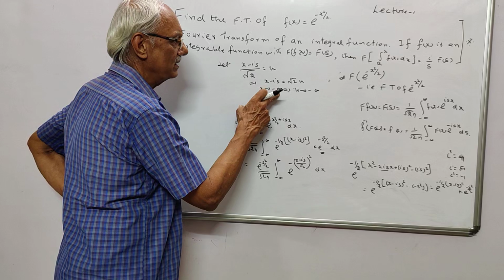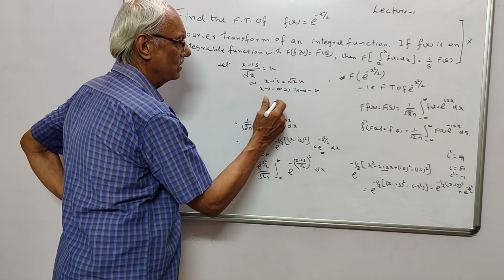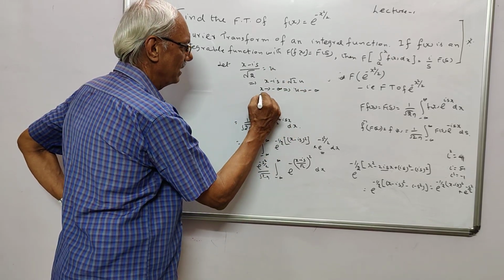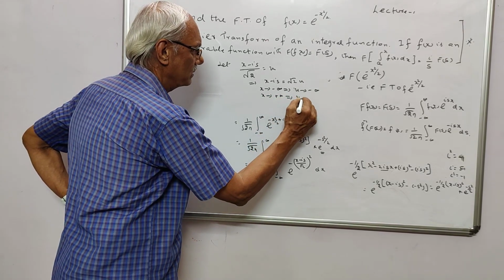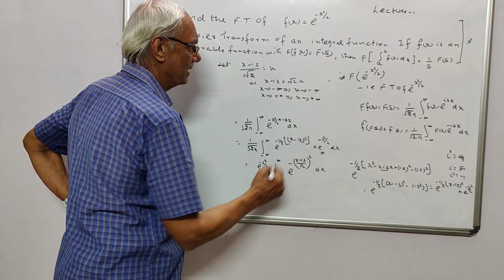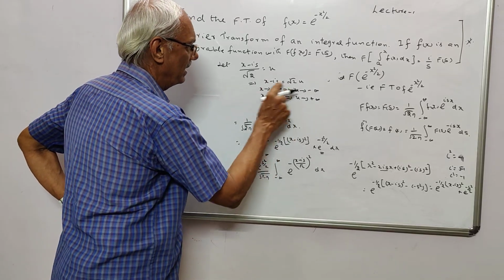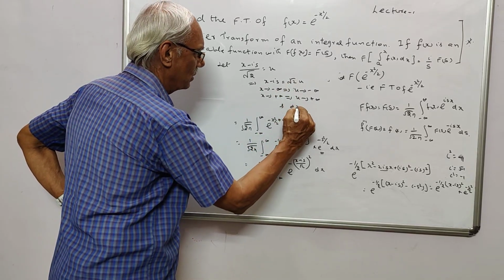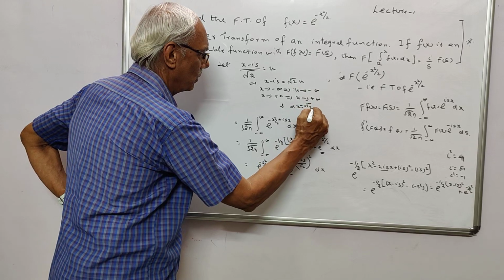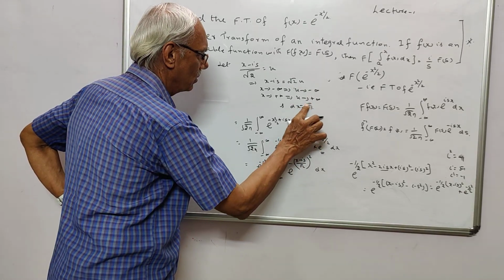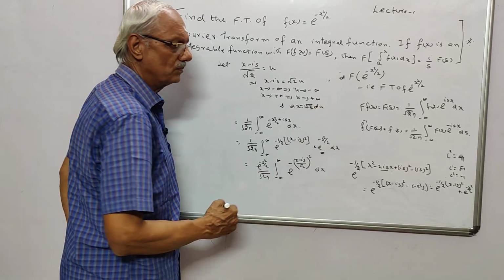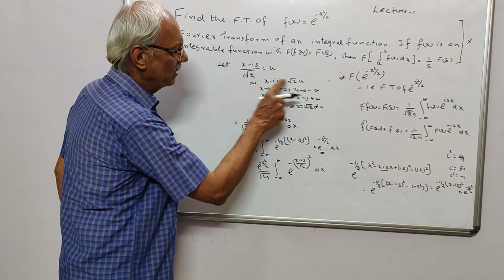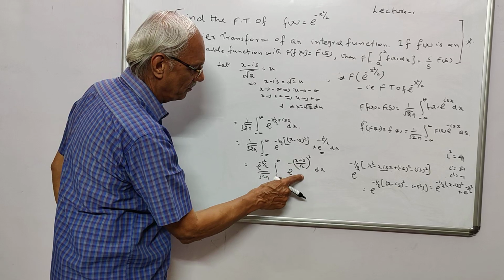So x tending to minus infinity implies u tends to minus infinity. x tending to plus infinity implies u also tends to plus infinity. And take differentials on both sides. So dx is equal to root 2 into du.